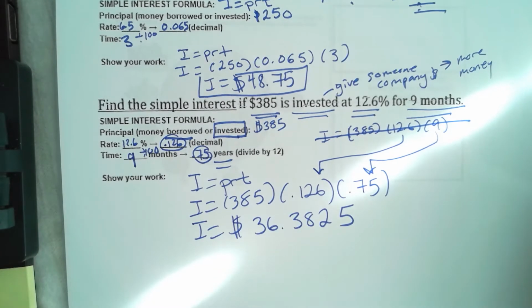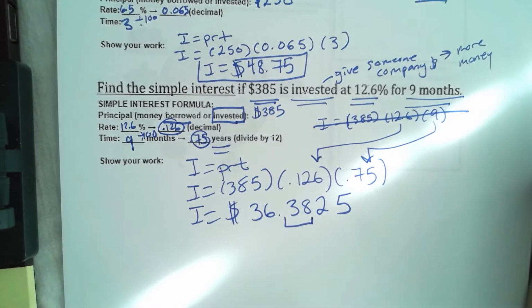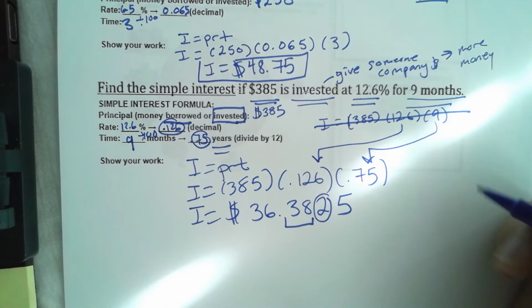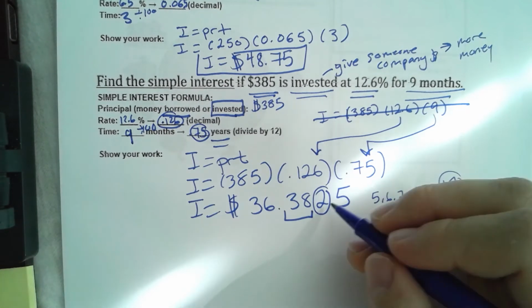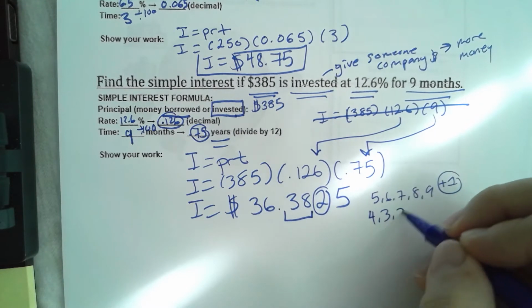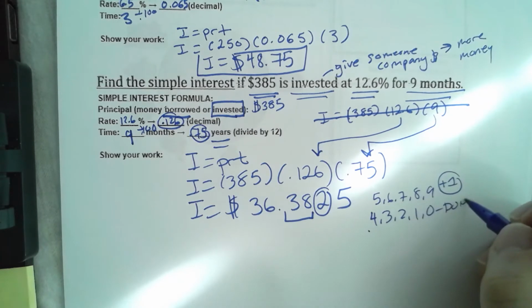36.3825. Remember, when I'm dealing with money, I only need 2 decimal places. If I look at this number, if it's 5, 6, 7, 8, or 9, 5 or more, I add one more. But here it's 4, 3, 2, 1, 0. It's 4 or less, I don't change it.